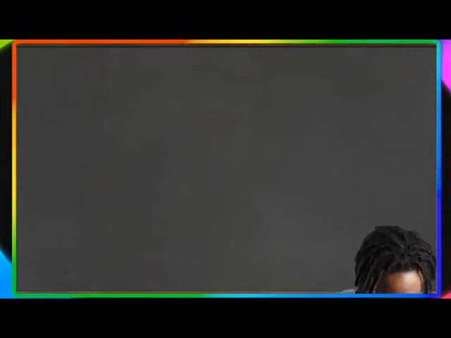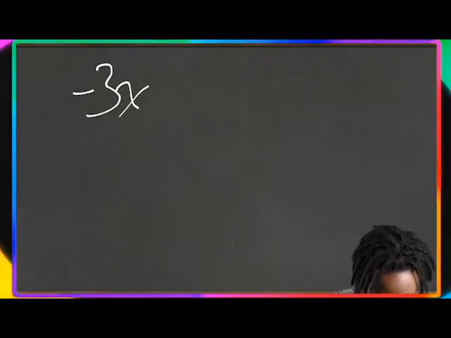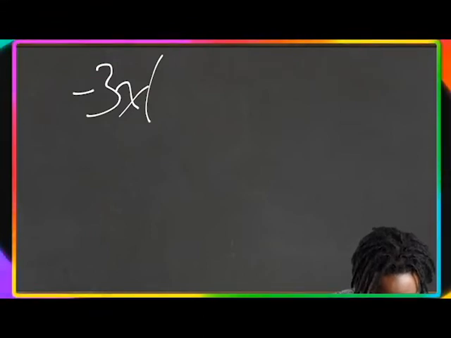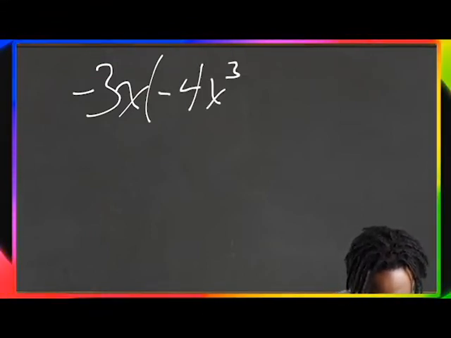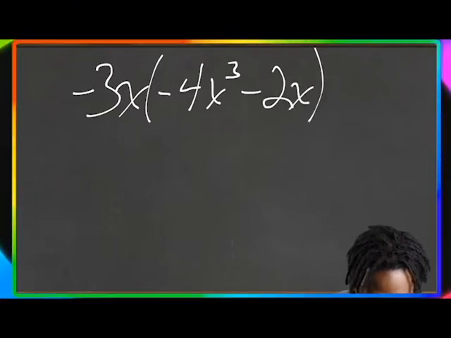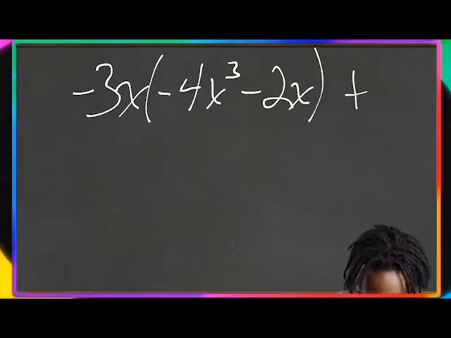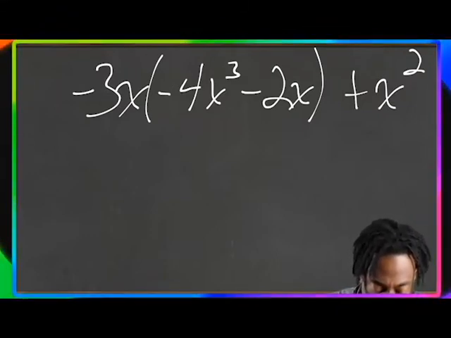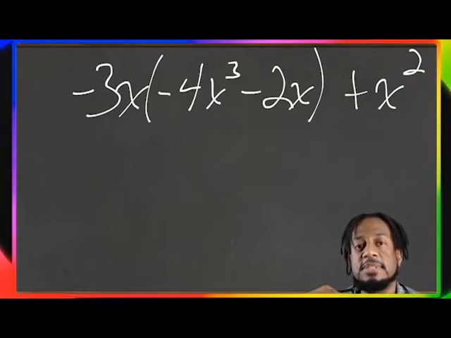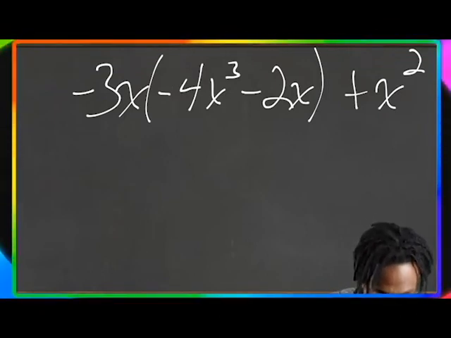All right, so we have negative 3x. In parentheses, we have x to the third minus 2x, just in case you didn't write it down the first time, plus 4x squared here. So we're going to take negative 3x and multiply everything in the parentheses.